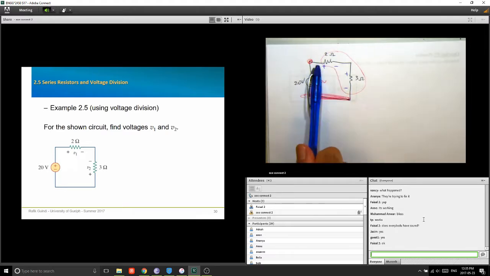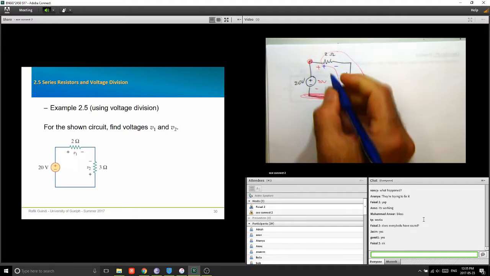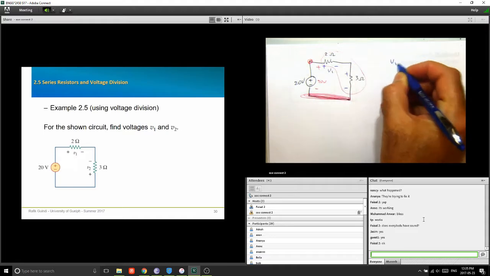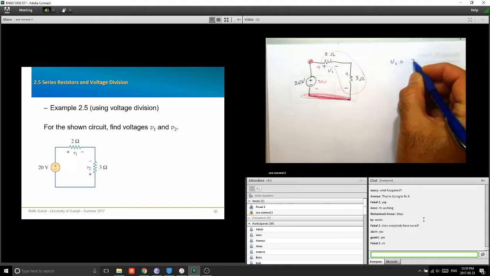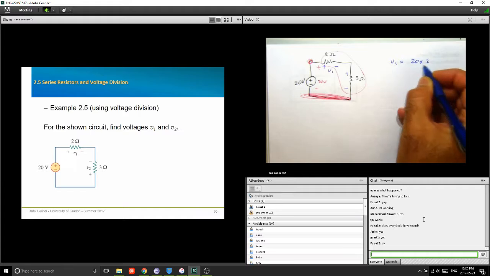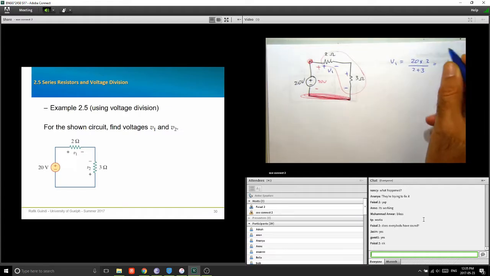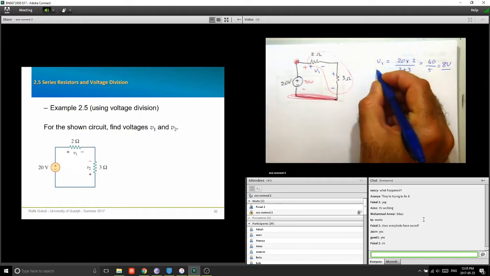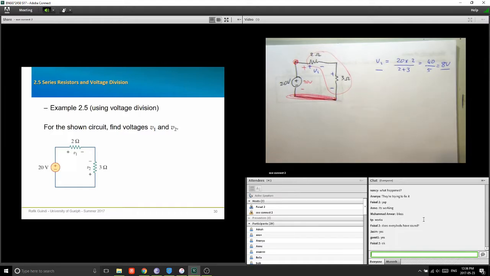This plus that has to sum up to the total. So the first voltage, V1 equals 20 times 2 over 2 plus 3. That's 40 over 5. That's 8 volts. So in one step, I found V1.